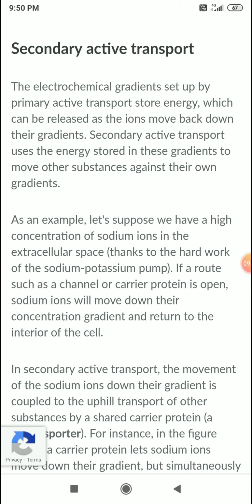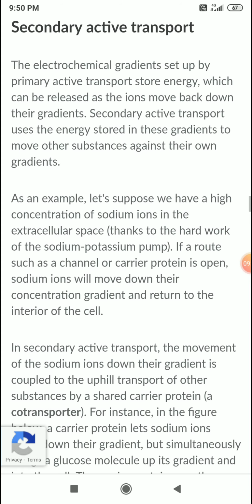For example, suppose we have a high concentration of sodium ions in the extracellular space. If a road such as a channel or carrier protein is open, sodium ions will move down their concentration gradient and return to the interior of the cell.